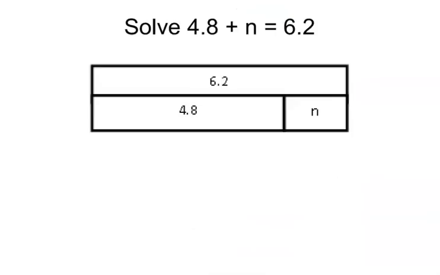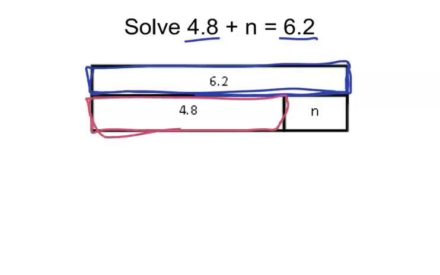Solve 4.8 plus n equals 6.2. Okay, so here's the 6.2. That's the total. So that's showing in this little diagram here the total distance. And then the 4.8, that would be this much of it. And then there's another section that we don't have yet. So it's going to be 4.8 plus what will give you that.